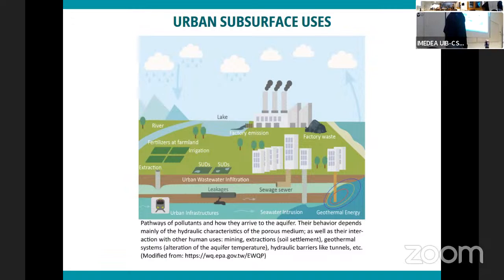There are some pathways that allow water to infiltrate from surface water bodies and go to the aquifer.